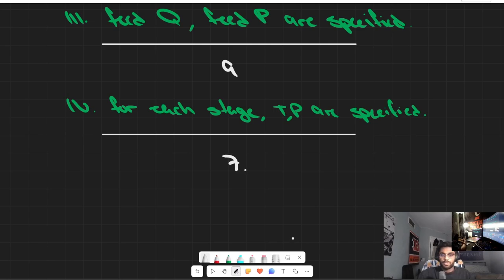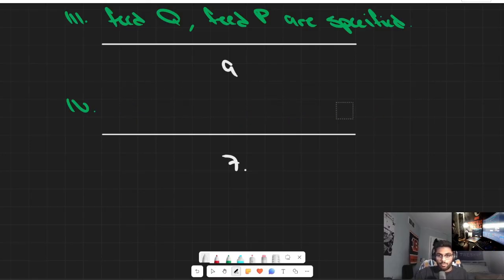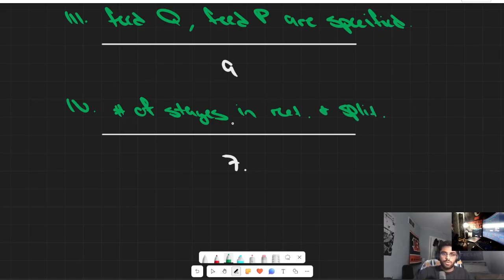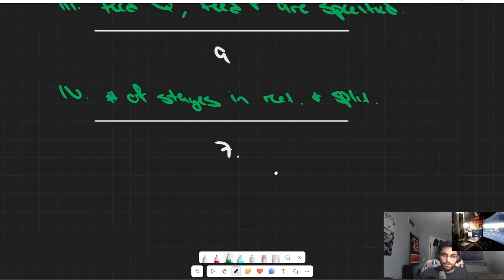So now we are down to 7. Sorry, I want to make a correction here. This is not the temperature and pressure for each stage, but rather this is saying that we specify the number of stages in each section. So this is what accounts for another 2 degrees of freedom.